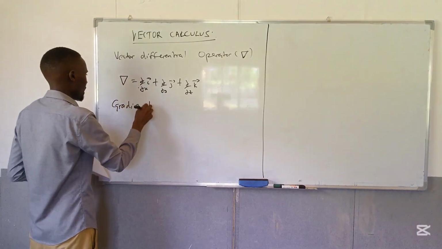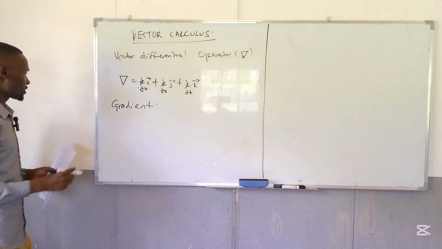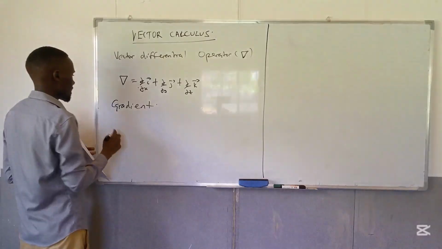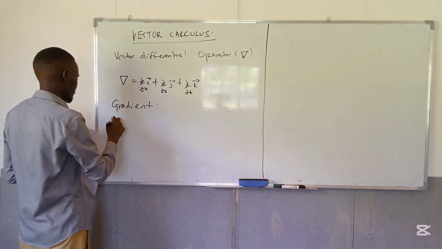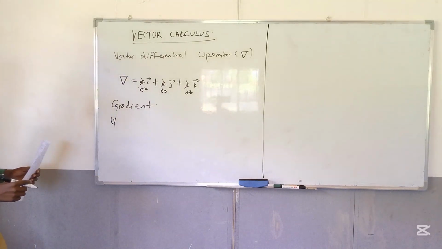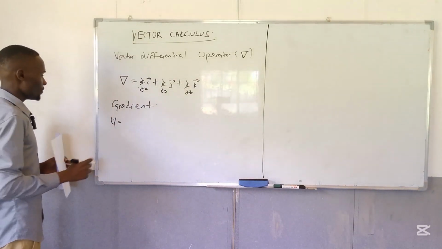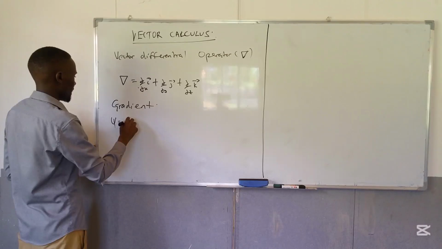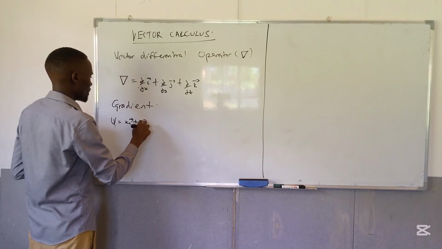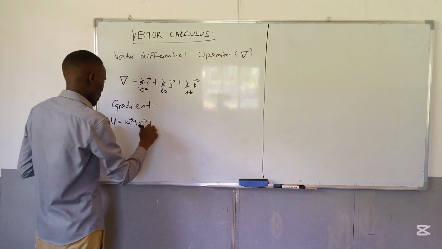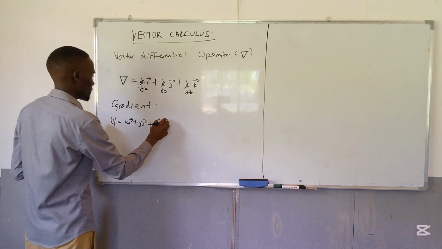The formula for gradient is, for example, if they give us a function phi with x in the i direction, and also with y in the j direction, and also z in the k direction.